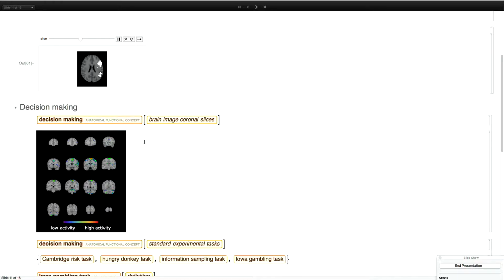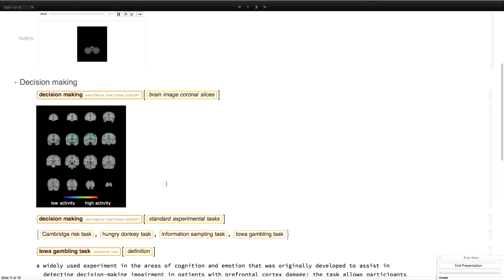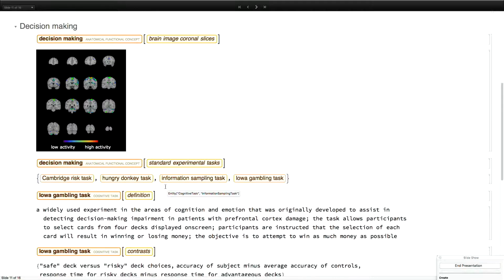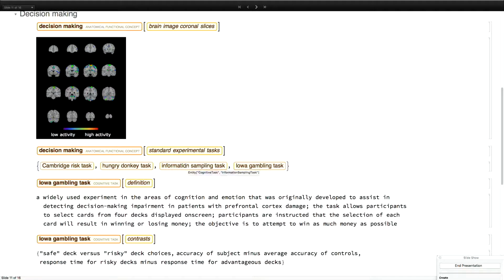So how did they measure this? There are standard experimental tasks to assess certain cognitive abilities. For example, these are the tasks to measure decision-making ability. And if you are not familiar with those tasks, we also have basic information about each task.